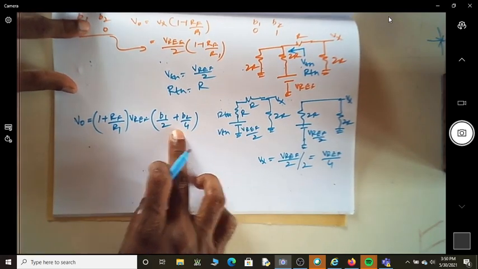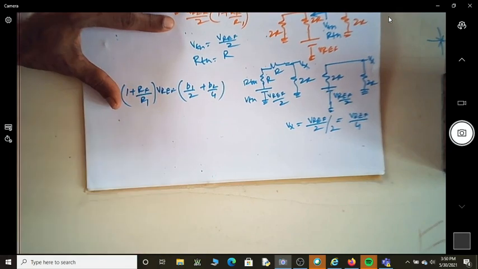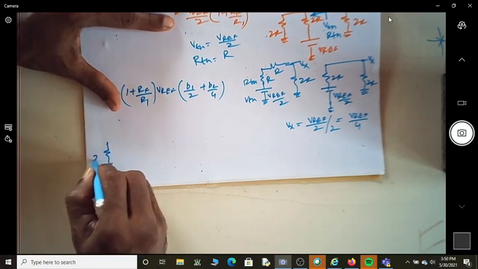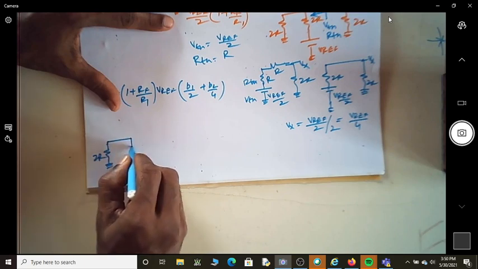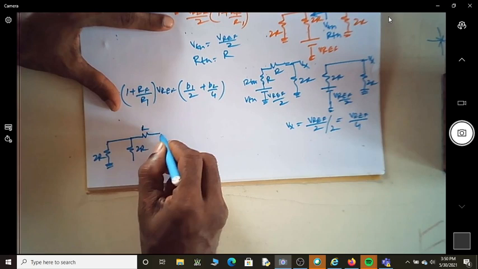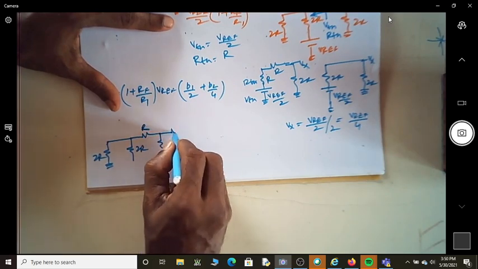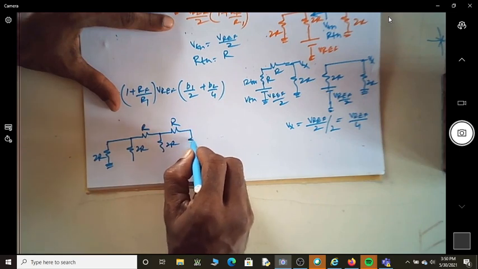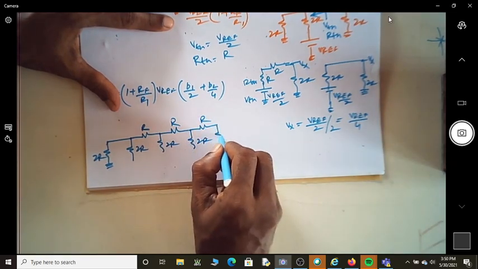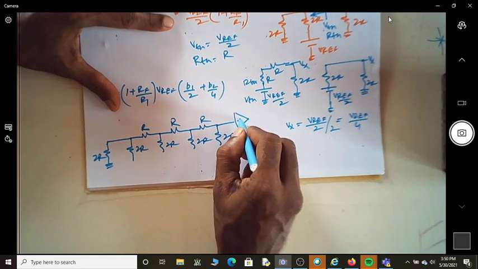If you want to have it for n bits, the circuit goes this way. This is my 2R resistor, always grounded. This is the first 2R, this is R, then this is 2R, then again R, then 2R, then R, then you have 2R. This will go to the inverting terminal.